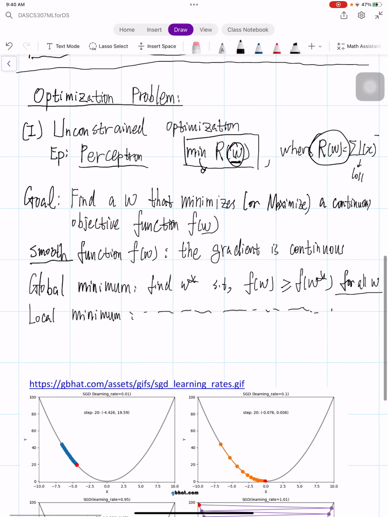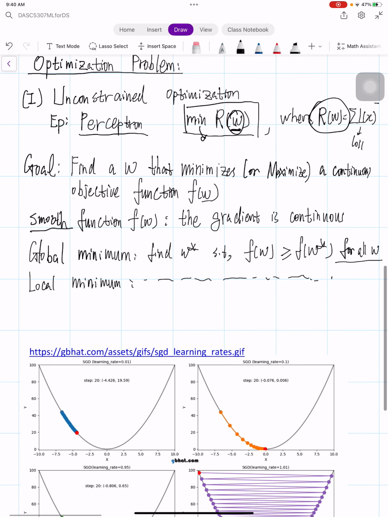So here I can give you an example. If we had just a one-dimensional function, one-dimensional features, suppose our function looks like this. This one and this one will be local minima.